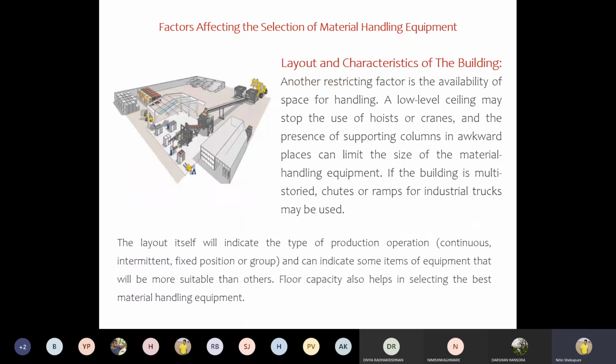And then the next most important point is the layout and characteristics of the building. What type of layout you have and what are the restricting factors attached to that layout. So availability of space is going to play a very important role. Is it a high-level ceiling or a low-level ceiling? On the basis of that, is it possible for me to bring that particular equipment inside my building or not?